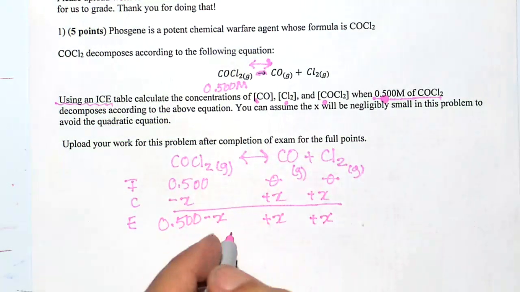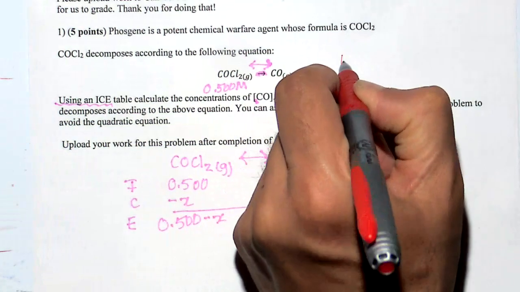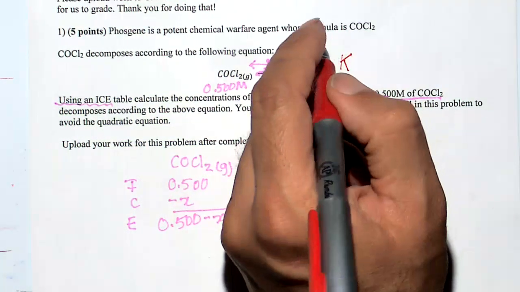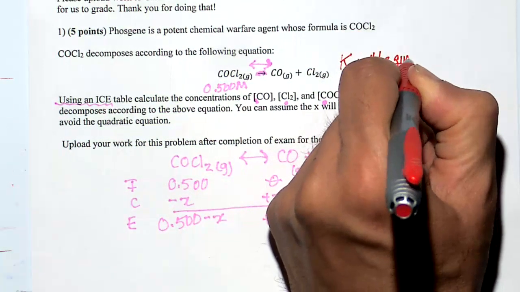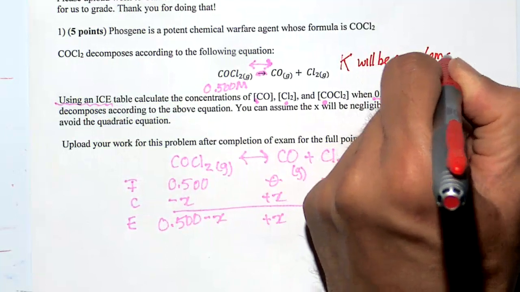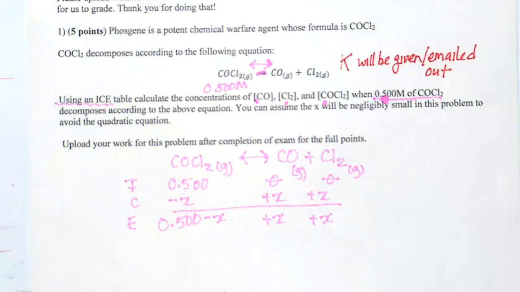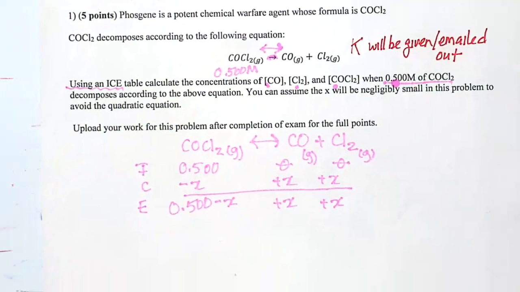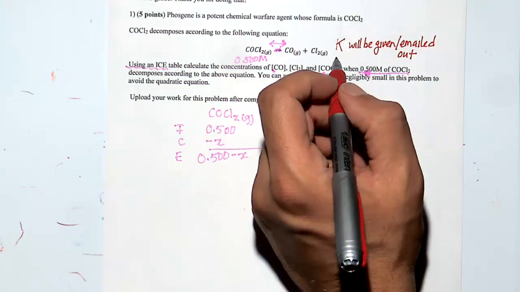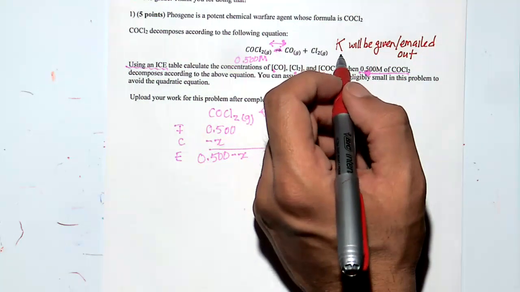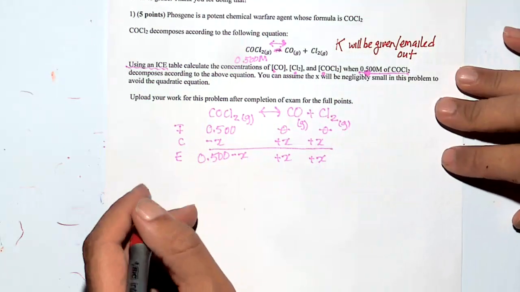This is what you have to plug into k, but there is no k, so I'll email you the k, or I'll give it to you on Canvas. I'll give you the k value. Check for your email, but what you want to do is plug it into this equilibrium constant k.